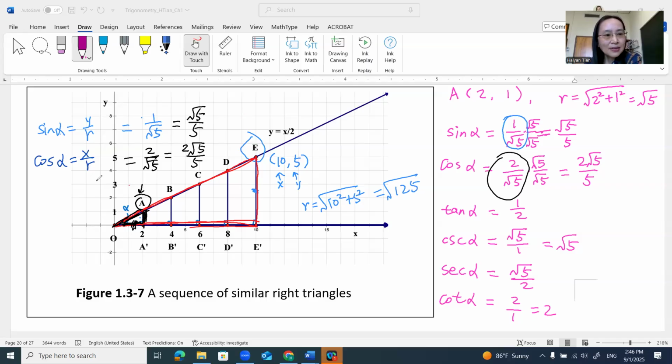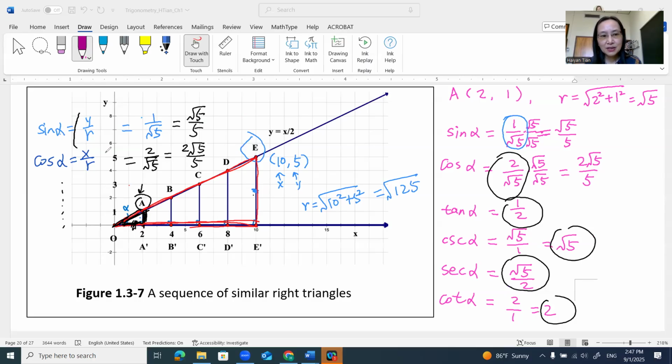So as you can imagine, we can continue for all 6 trigonometric function values. We will still get the same function values as before. So this is to see the similar triangles. So the ratio will be the same if we're doing the y over r, no matter whether you are using the smaller triangle or larger triangle, that ratio will not change, right?